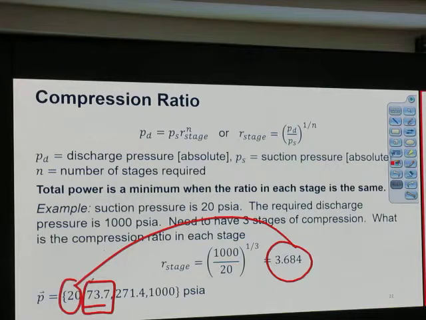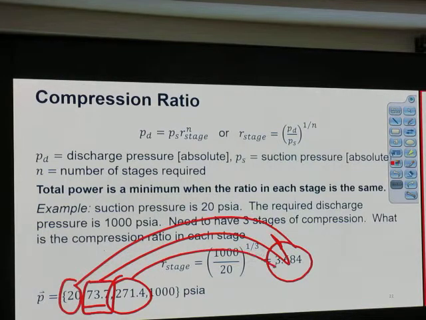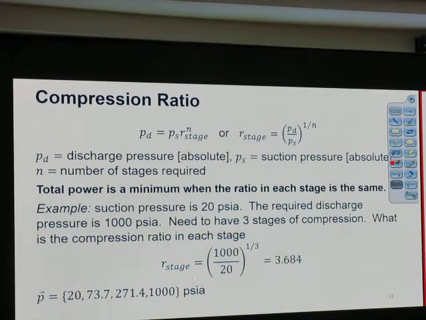73.7 multiplied by that number again, I get that much. And that multiplied by that again, I get that much. What are these numbers? Is it the discharge of each stage? Yes, with the assumption that there's no pressure drop between stage 1 and stage 2.